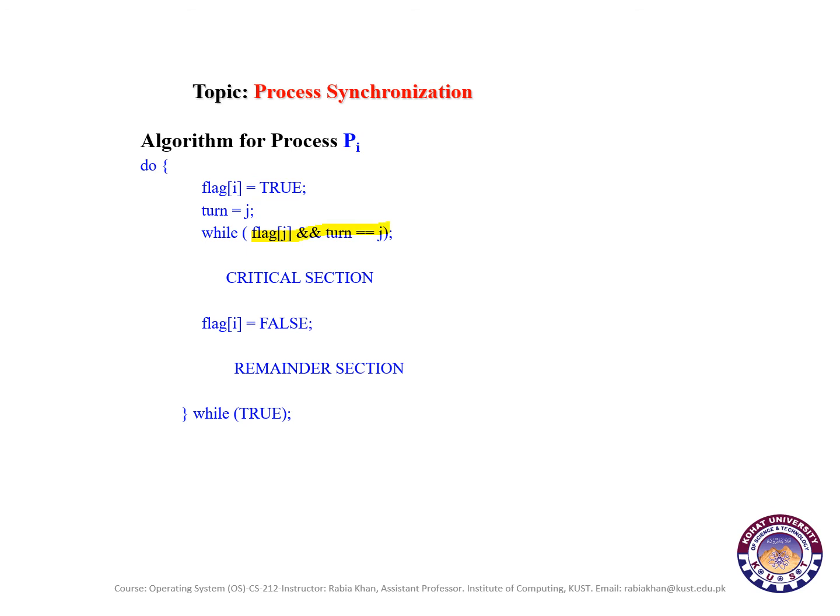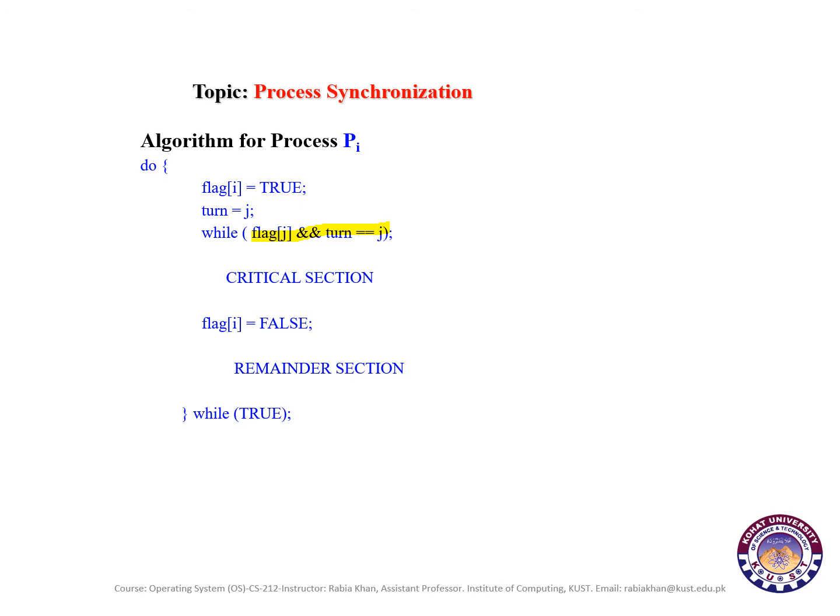That means both the variables, flag and turn, need to be true in order to grant access to the critical section. Again, it's a two-process solution. It states it has to be a process's turn and its flag should also be set. Only then can the critical section be granted to that process, otherwise not.